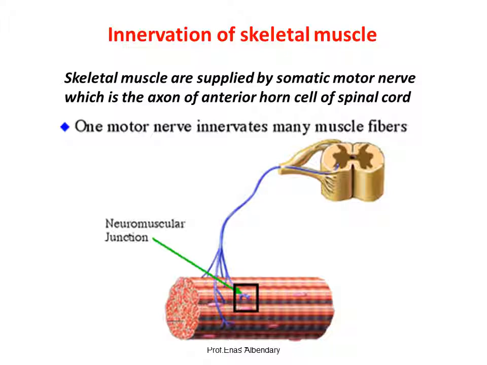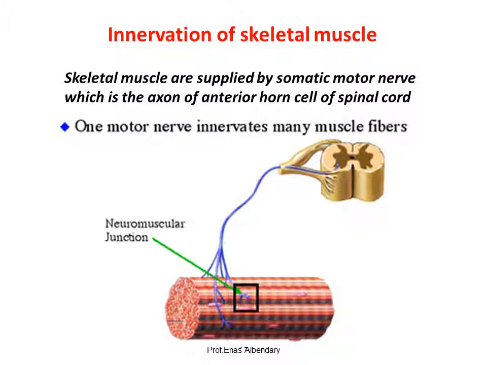Here is one anterior horn cell. This is its axon, and the axon supplies not one or two muscle fibers, maybe 3, 4, 10.